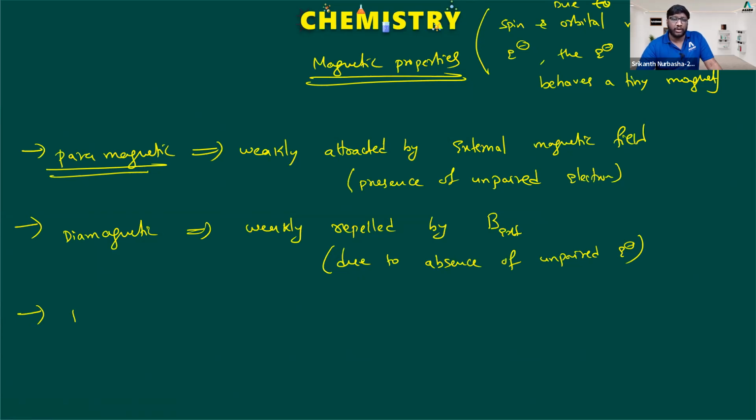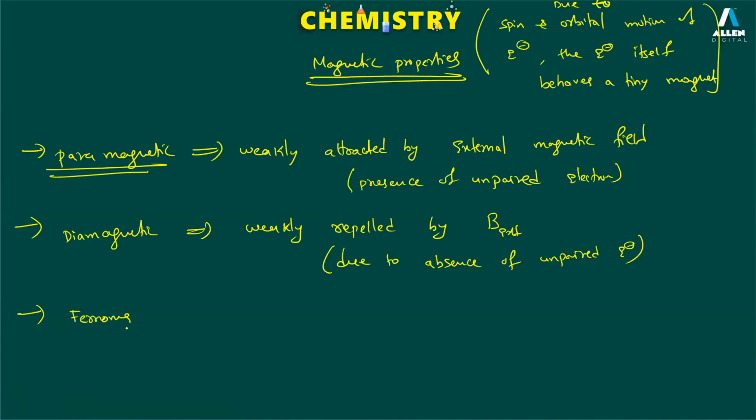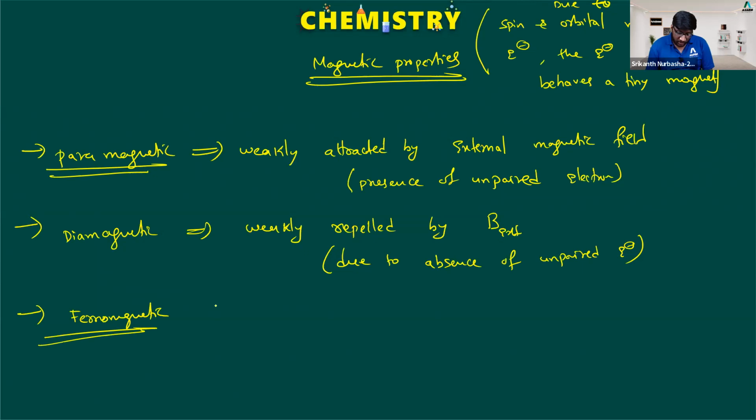Ferromagnetic and ferrimagnetic, what can you say? What is a ferromagnetic substance? Ferromagnetic, ferrimagnetic, antiferromagnetic, yes or no? Ferromagnetic means strongly attracted by an external magnetic field.